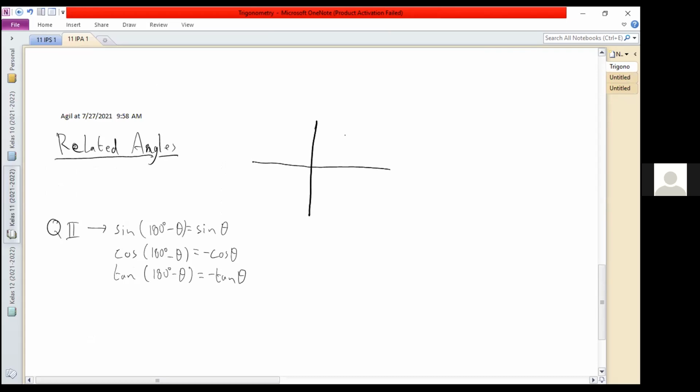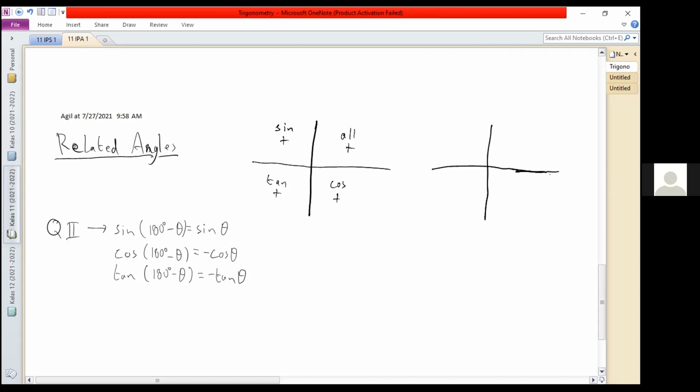For the first quadrant, again, all are positive. The second quadrant, only sine is positive. The third quadrant, tangent is positive. And the fourth quadrant, only cosine is positive. Or probably in your book, this is called the CAST diagram, because we can abbreviate.